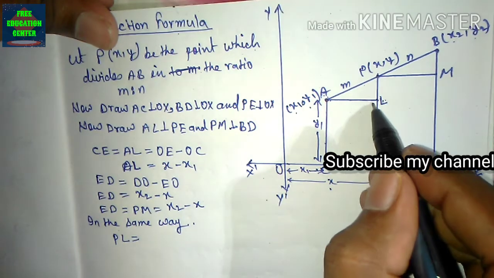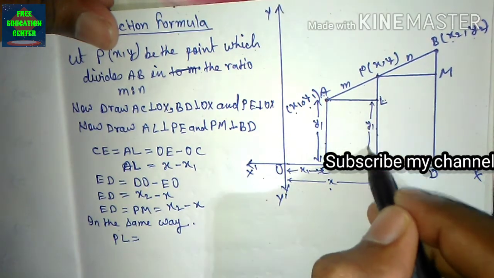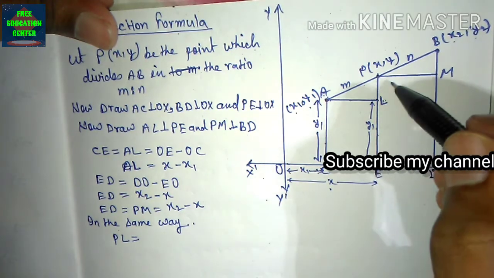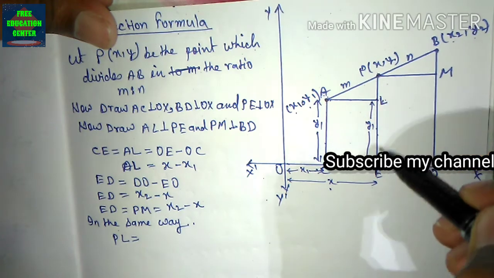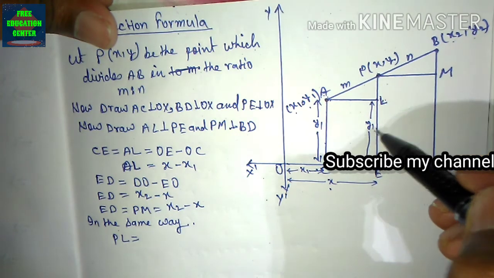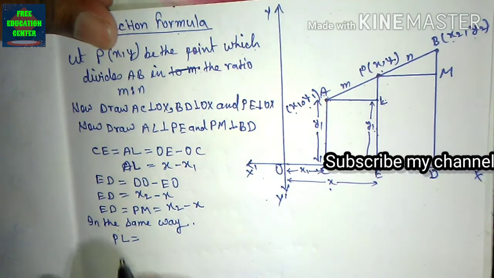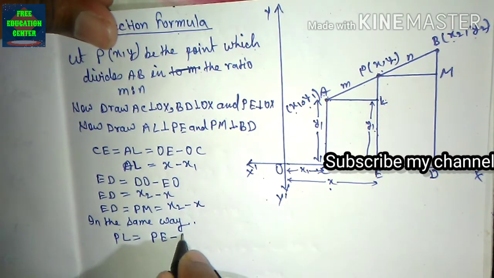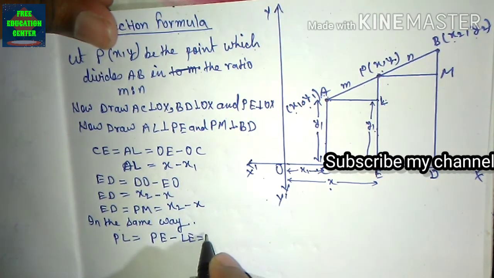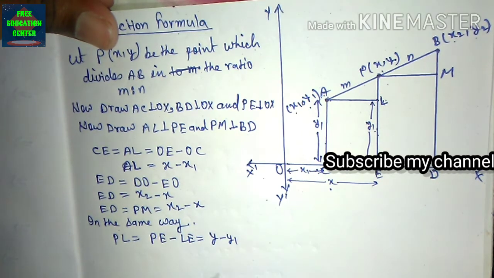So PE equals y and LE equals y1. So PL equals PE minus LE, which is y minus y1.